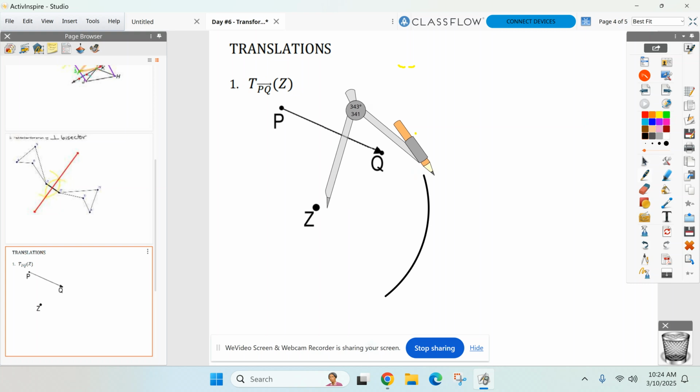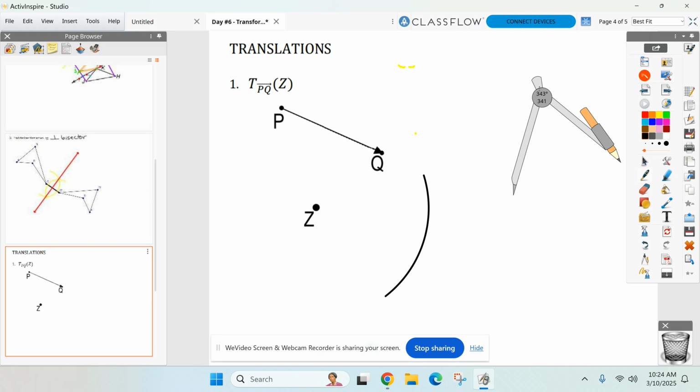Any point on this arc is going to be the length of PQ. We just got to figure out where on this arc Z prime is going to be. Because we are guaranteed by our compass, this distance from P to Q is the same from Z to any point we put on this arc. We just got to figure out the correct direction now.